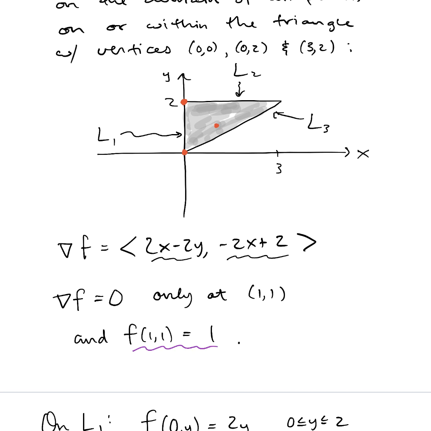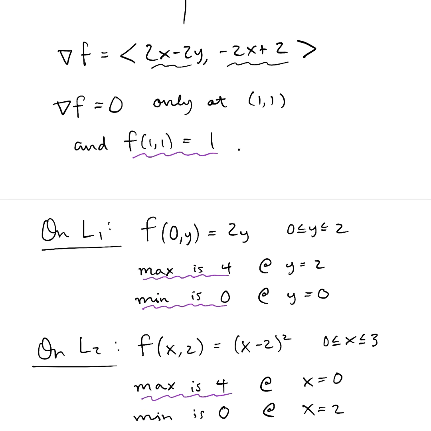And then we also found out that the min along L2 happened when x is equal to 2. So maybe right about there. And we found out that the minimum value that occurs along L2 at that spot where x is 2 is 0. Okay, one last part of the boundary to check.